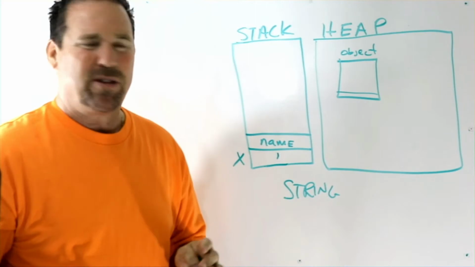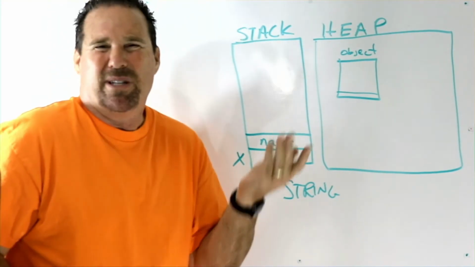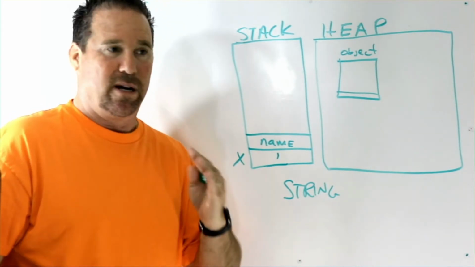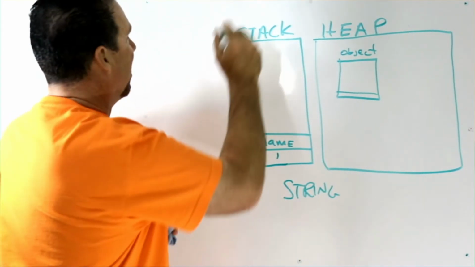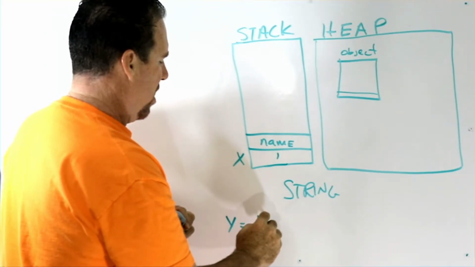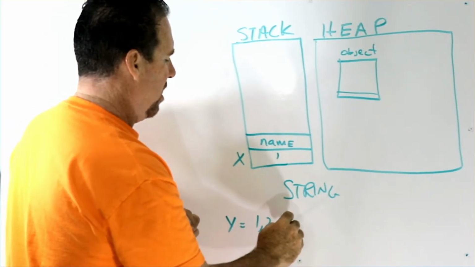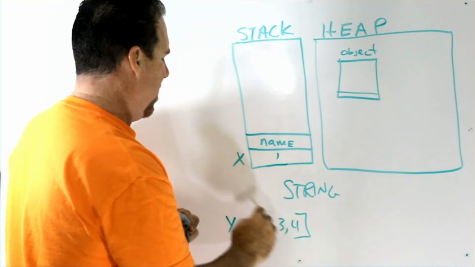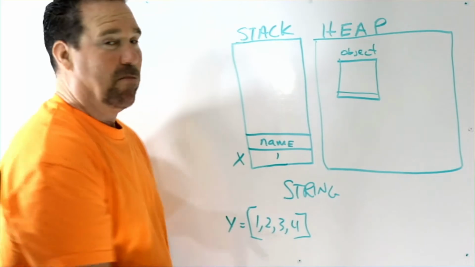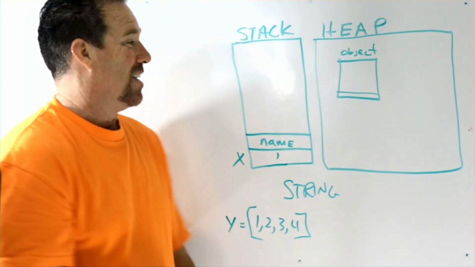Now, you start thinking, well, this X could just hold a 1. That's really not a lot of data. What if I need more data? Well, I'll use an array. And he talked about an array in there. It could be a bunch of data. Like you could say Y equals 1, 2, 3, 4. And that could be in an array. Okay, so that's nice. I can do that. But what's even better is an object.